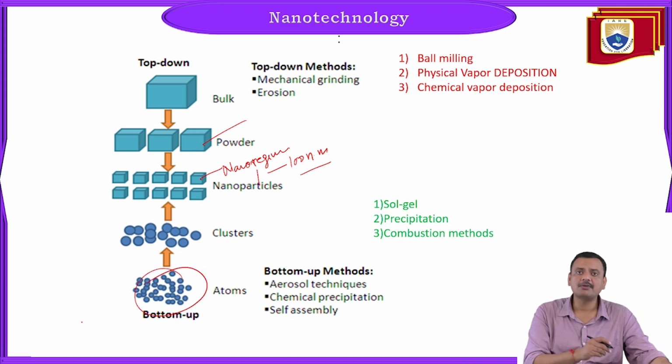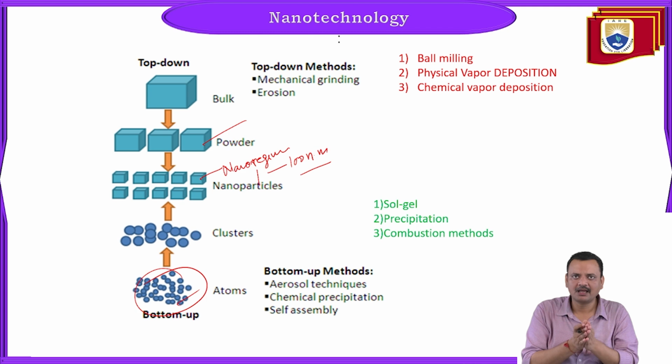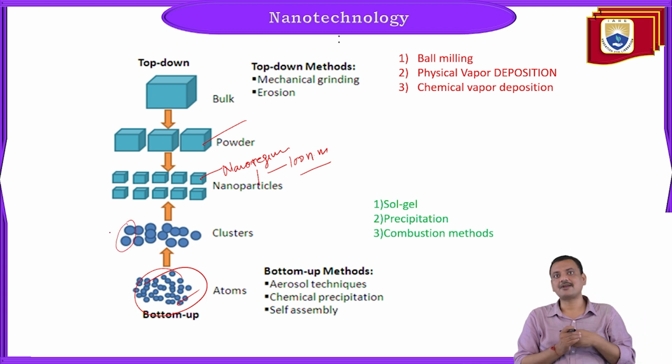Now, in the bottom up approach, you have to choose very fine atoms, whose size you can't control, but anyhow you have to work. Your starting point will be atoms or molecules. These atoms or molecules will accumulate at one place, agglomeration. They will create some clusters, nano clusters.